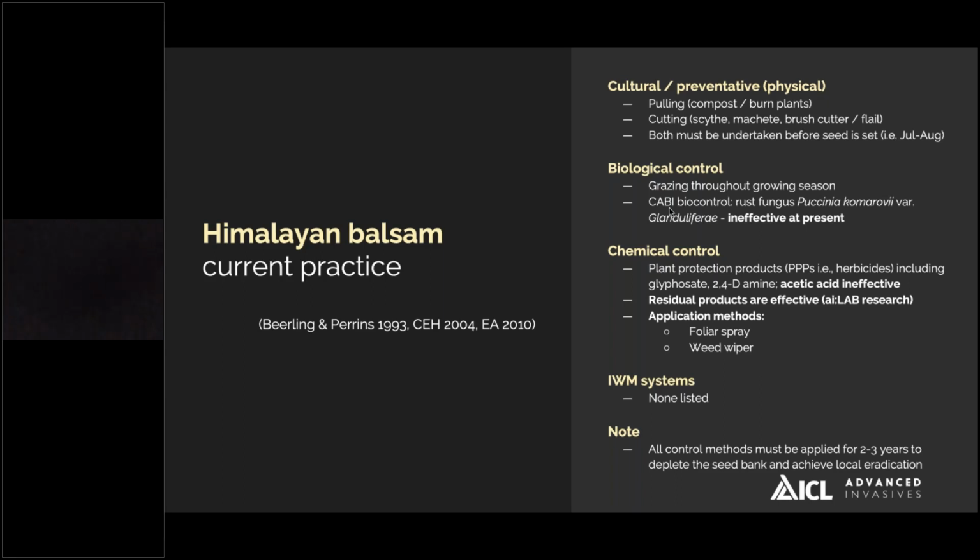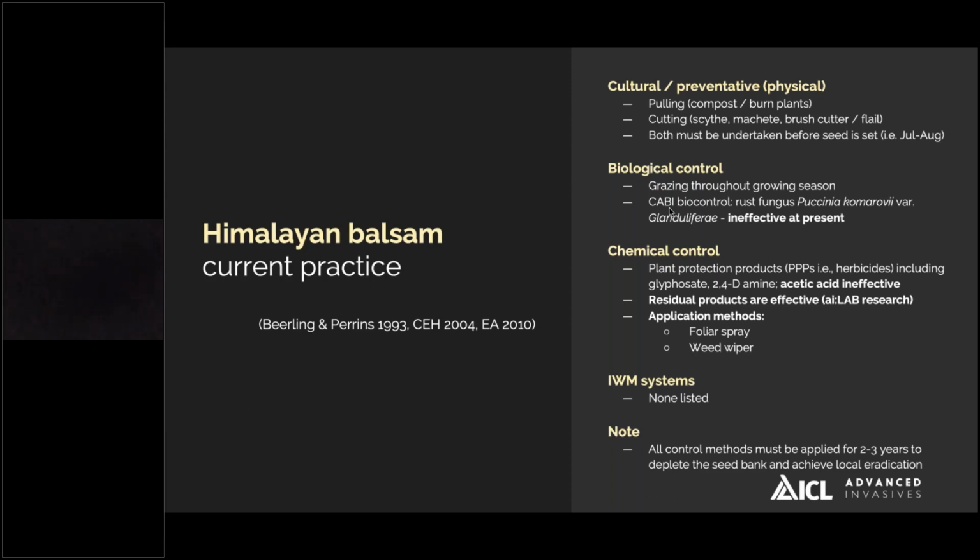The problem is, can they be sustained long enough that you can actually achieve local eradication or effective control and management? Taking a look at the physical methods, we've got pulling and cutting, but for both of these, it's important that all operations are undertaken before seed set. So mid to late summer at the latest.